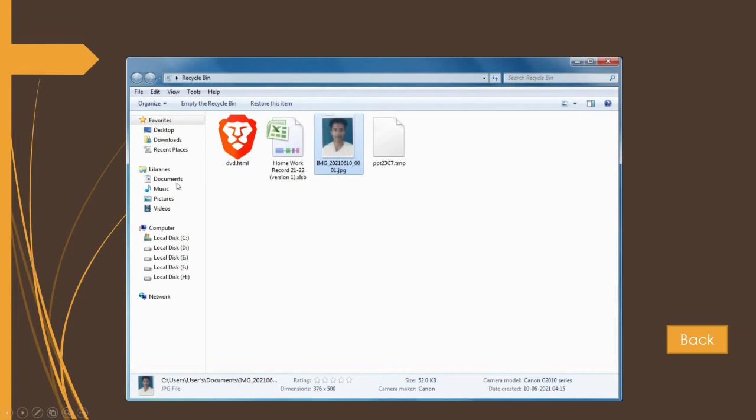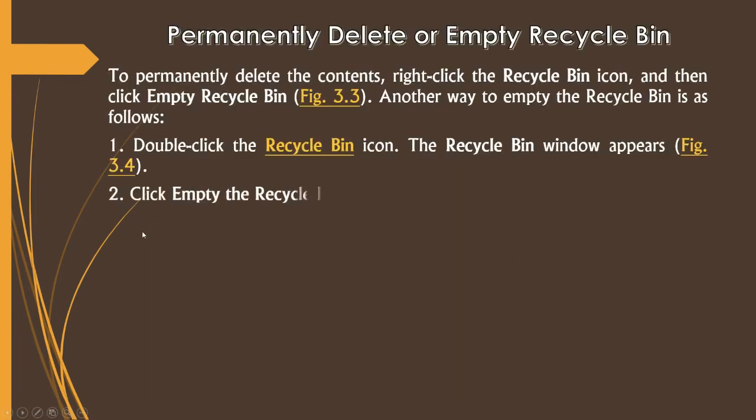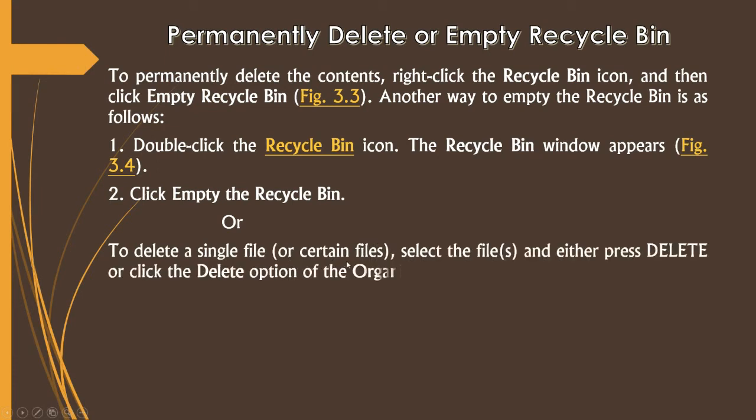Okay, recycle bin, that window will open like this. All right? And there, how can you delete it? You see, click empty recycle bin. Or to delete a single file or certain files, select the files and either press delete or click the delete option of the drop-down menu.